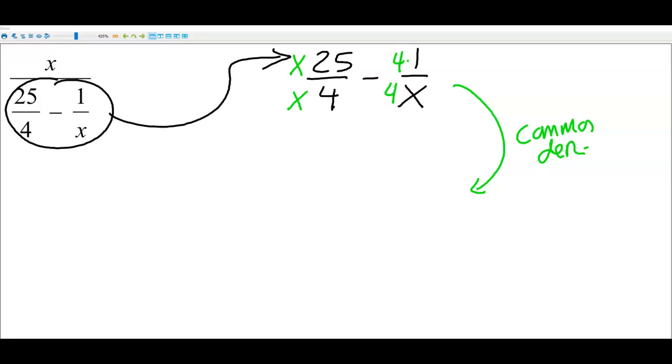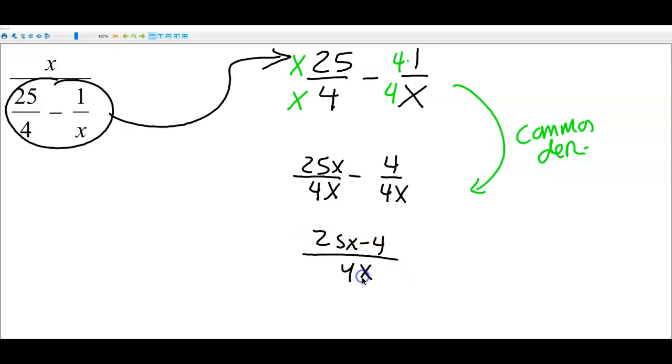There you go. And then we're going to go ahead and combine those tops together now into one fraction. That'll be 25x minus 4 over 4x.